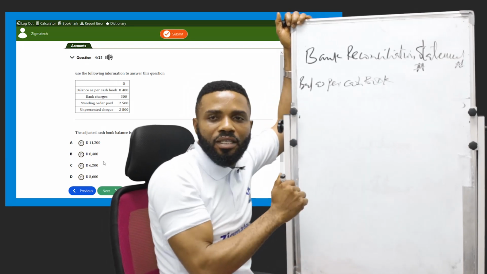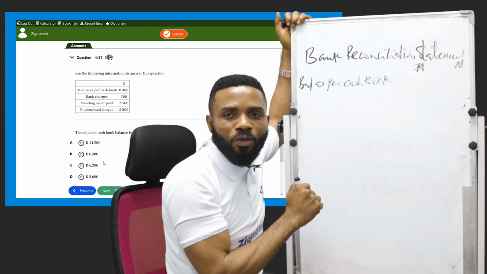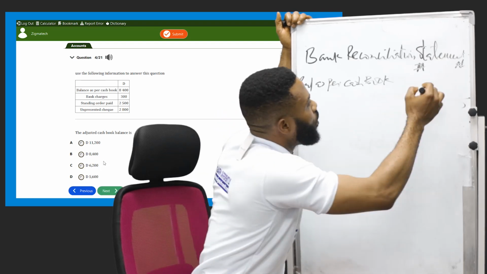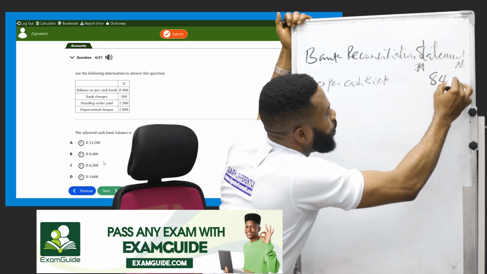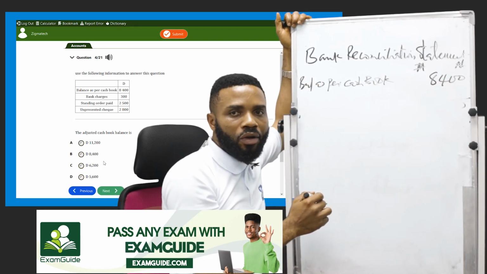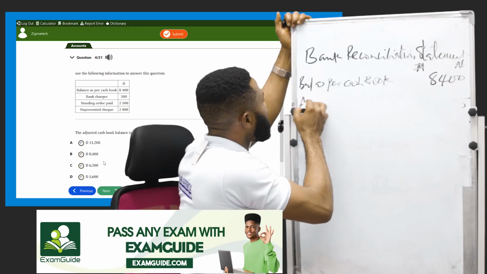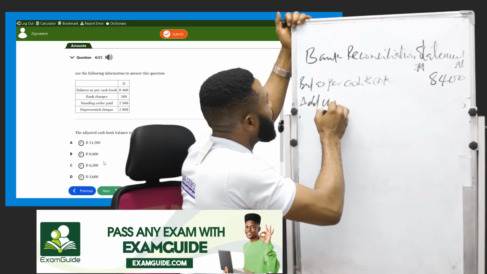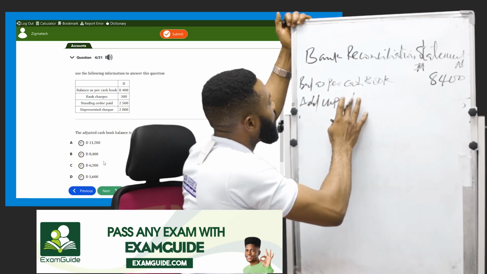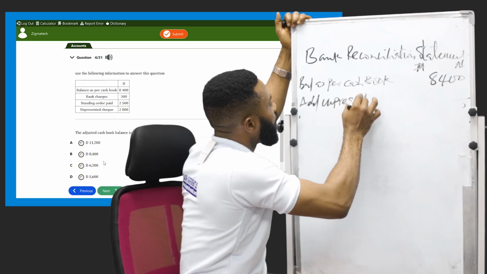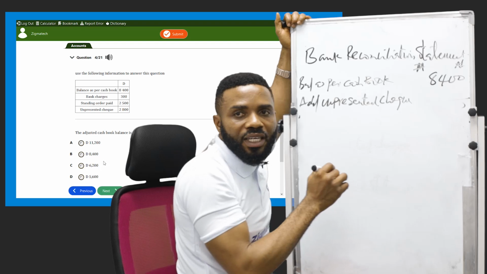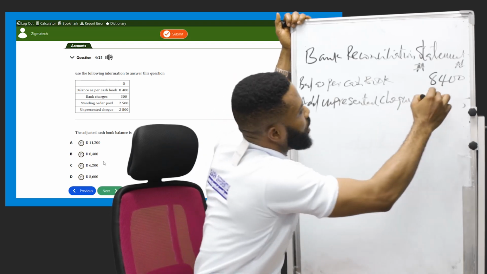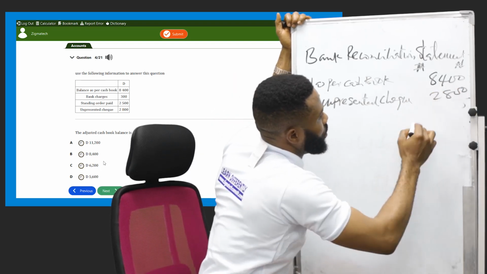What is the value for that? That's 8,400. Now, you add your unpresented check. Unpresented check here is 2,800.